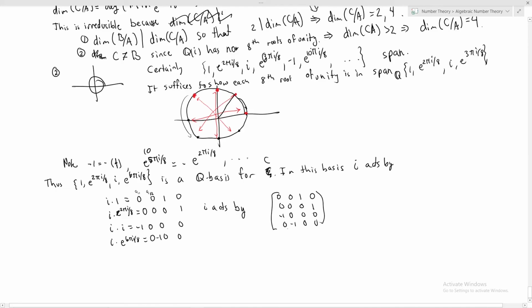we need to expand along columns or rows, whichever you like. Taking the determinant, I need to apply the sign here. So it'll just be the determinant of this guy.